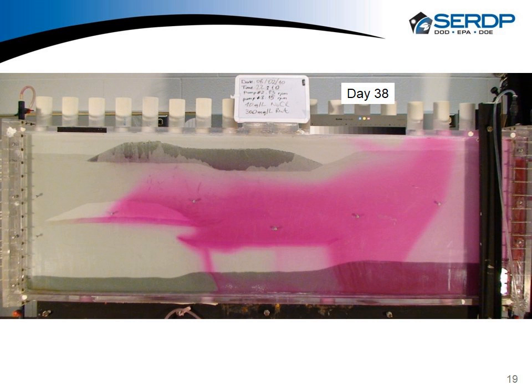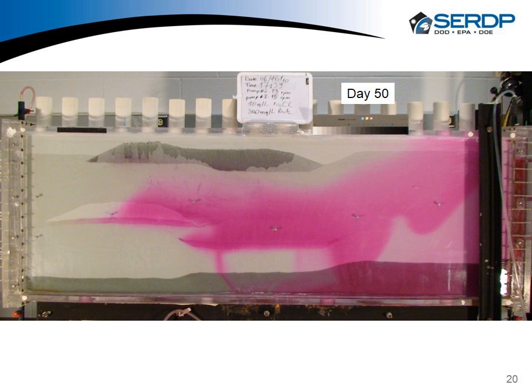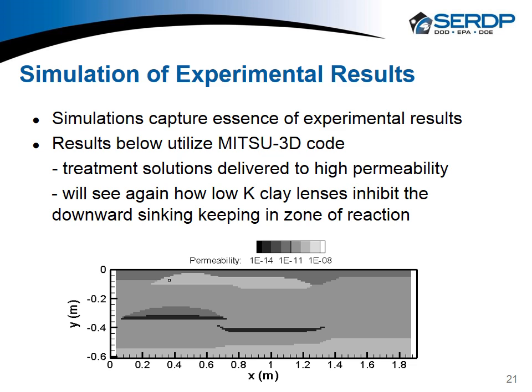At day 38, similarly, things are dying out here, but you can still see in about the same spots we do have inflows as well. Day 50, we still have things, and we finally shut this off at about day 50.